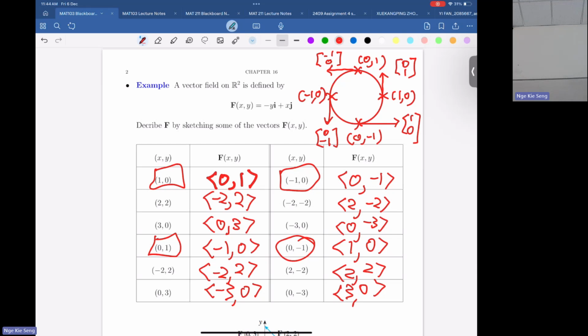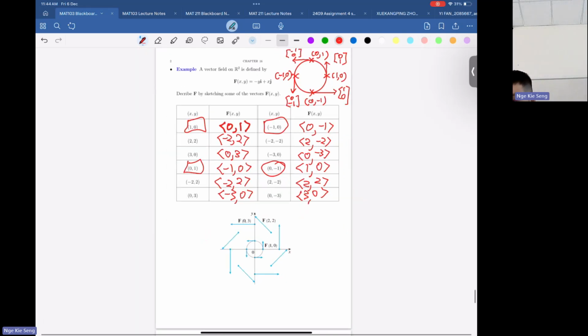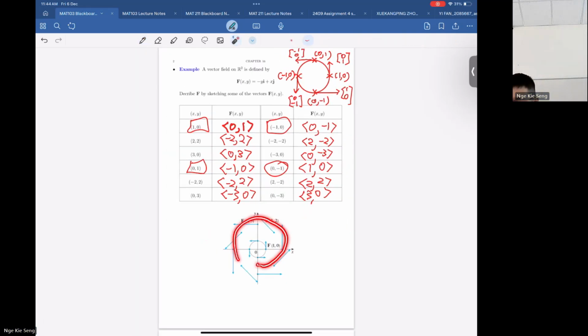So what can you see here? Around this point, this vector field is rotating. If you plot all of them, it is really rotating. You can see that when the radius gets larger, the vector length gets longer also. So you could imagine that if I put some point on this vector field, this point can follow the flow of this vector field.